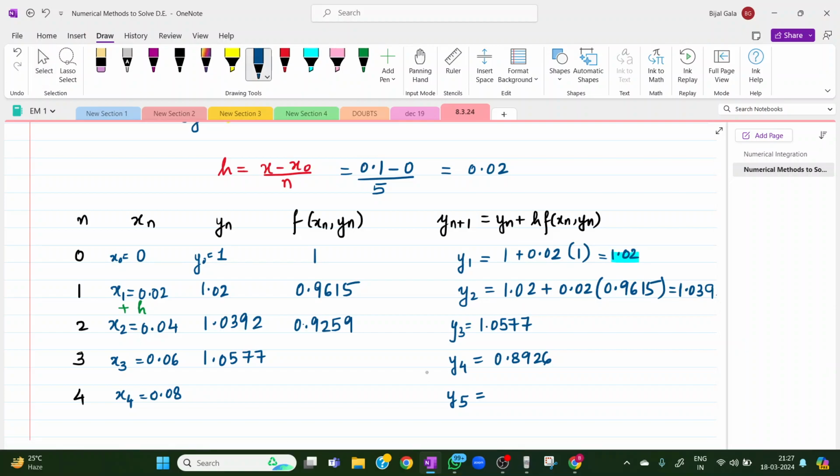How many of you are getting the same value? Okay. Good. Now you need just to find y5. You just need to find y5. Calculate y5.